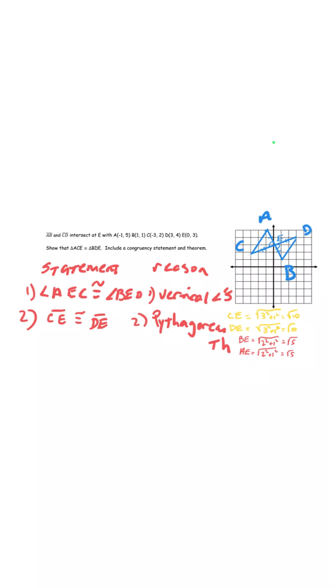I'll keep this red. So we've got the third statement, 3, and that's AE is congruent to BE. And again, that's because of the Pythagorean theorem.